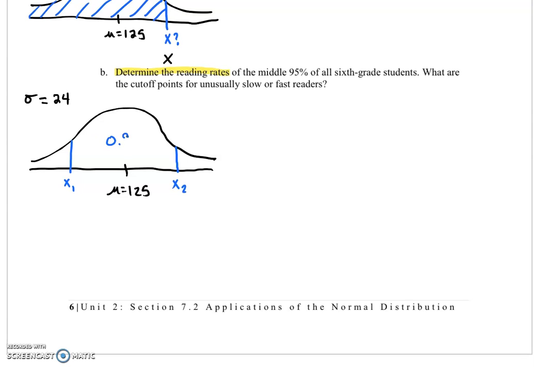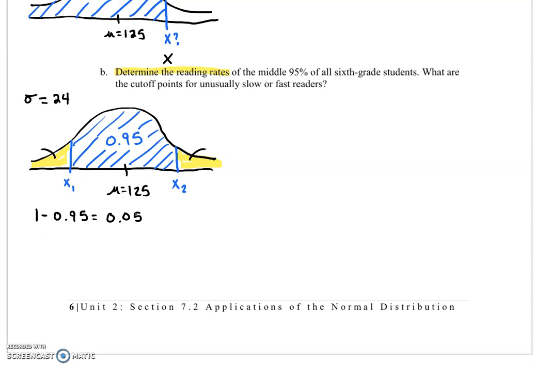So if the area between them is 95%, how do we find the numbers in the tails? Well, remember the tails, I'm going to shade yellow, so shade the tails yellow. So to find how much those areas are, remember we start by finding how much area is left over that's not blue. So that's 1 minus 0.95, which is 0.05.